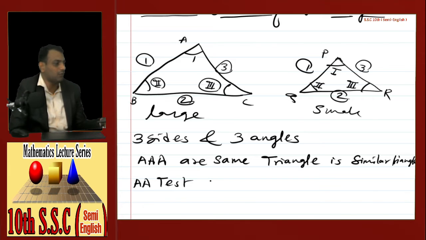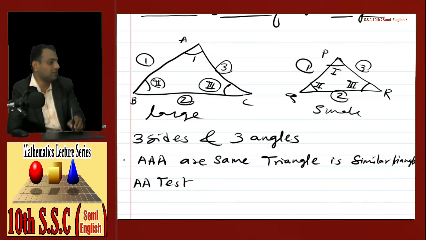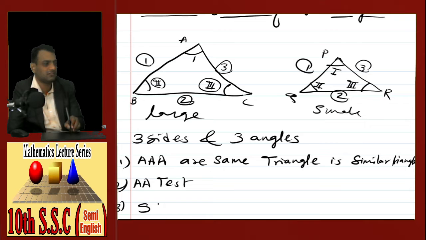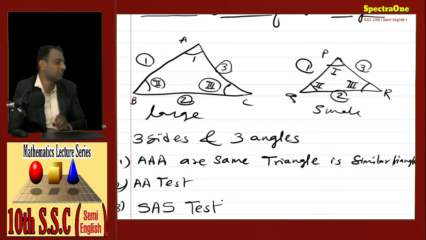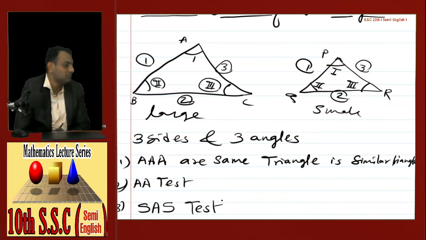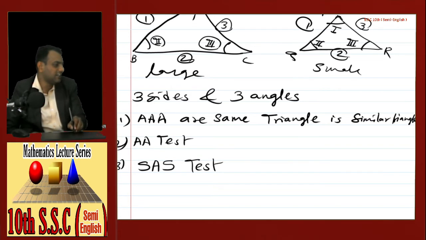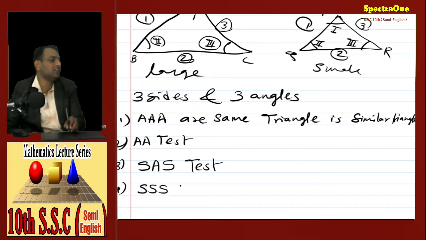There is one more test. Suppose this is test number 1, test number 2, and test number 3 is the side, angle, and side test. Third test, side, angle, and side. Test number 4 is three sides: side 1, side 2, side 3 should be the same.